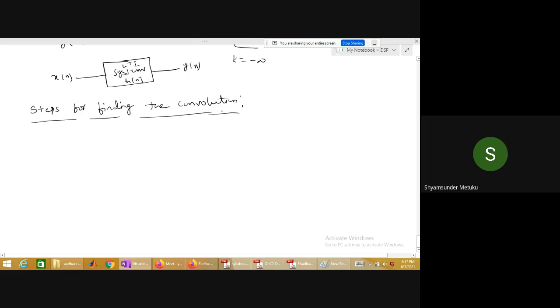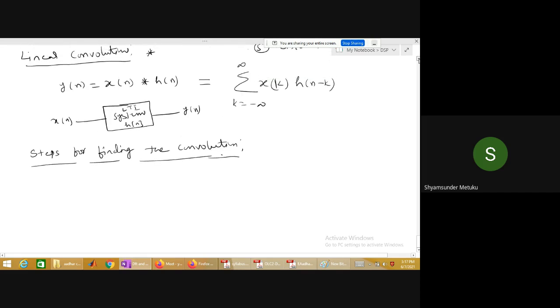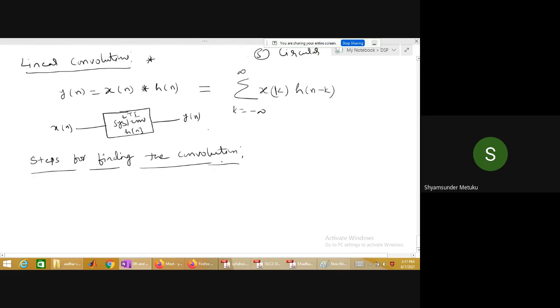Before we come to the steps, let us go back and observe the equation. This can also be written as summation over k equal to minus infinity to infinity of h of k x of n minus k. Anything is okay. So it is nothing but h of n convolved with x of n. Which property is it?